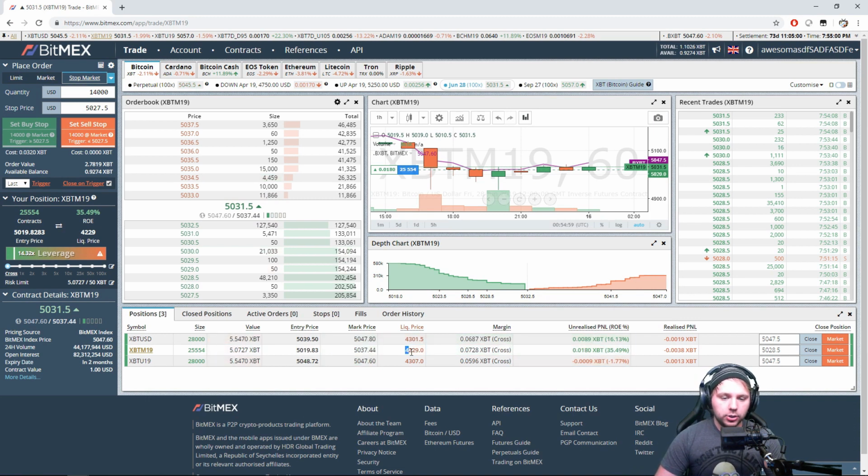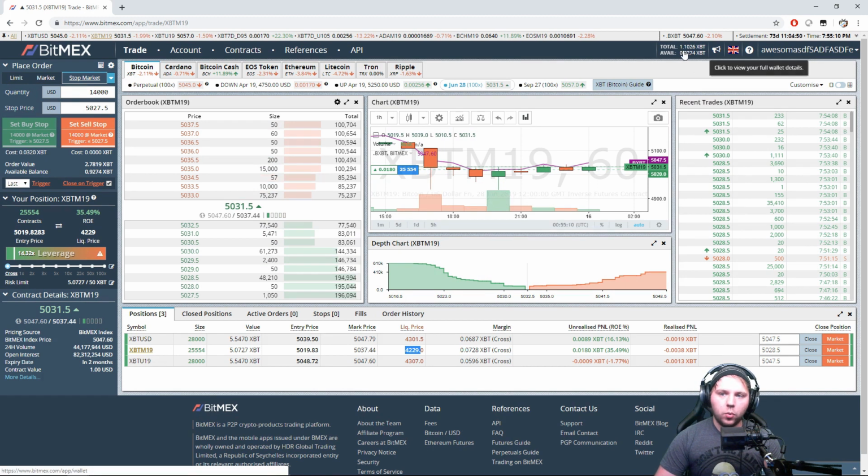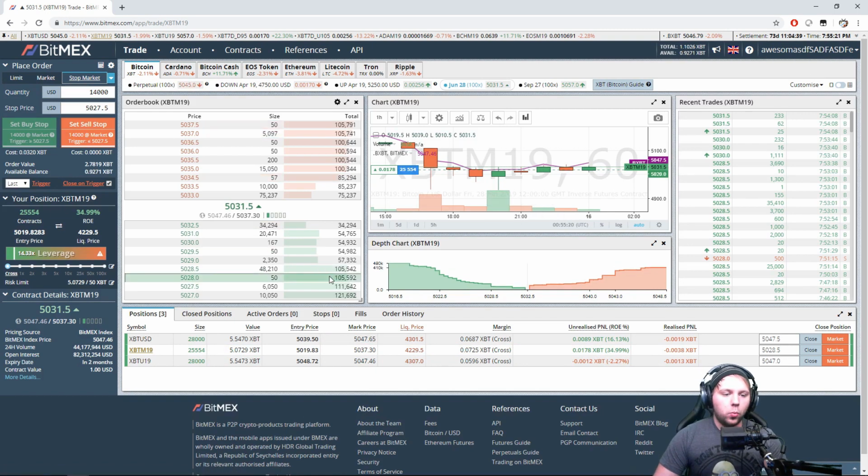Your liquidation price is here. Essentially, what this means is if the price of the asset drops down to the liquidation price, then everything in your wallet, so you can see I have 1.1 BTC, is liquidated. The platform takes everything in your wallet. Now, what are the odds that the asset price drops down to 4,200?